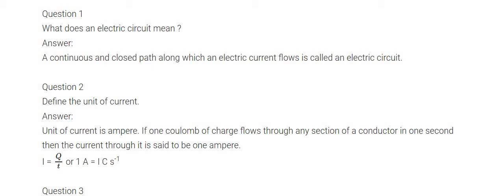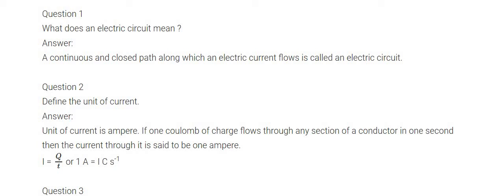As we know the formula of current, I is equal to Q by T. So instead of I, we can write 1 ampere, so 1 coulomb divided by 1 second.